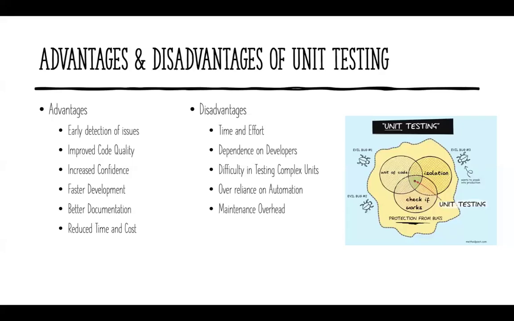And even though individual units work, the system as a whole might still not work the way you want. Even though individual units are passing, the overall system might not.